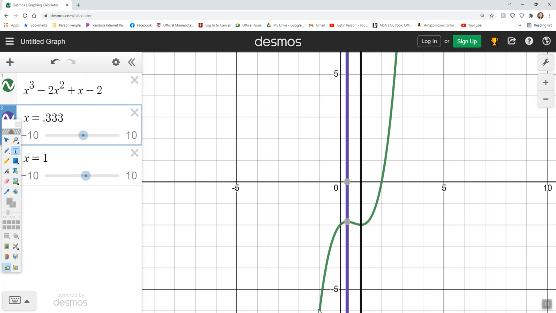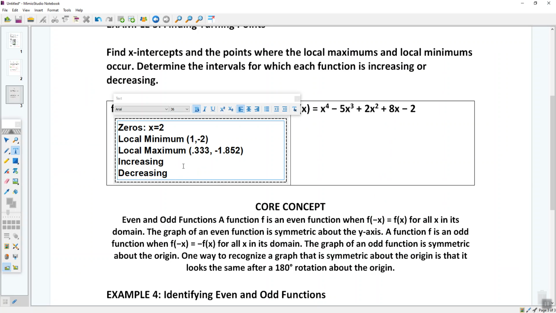To the left of 1, is my graph increasing or decreasing? So I would say my graph is increasing for x values. Actually, this is the 0.333 line, right? Oh, yeah. So this would be it's increasing for x values less than what, kids? 0.3. Okay, so let's go write that in there. So it's increasing for x values less than 0.333.